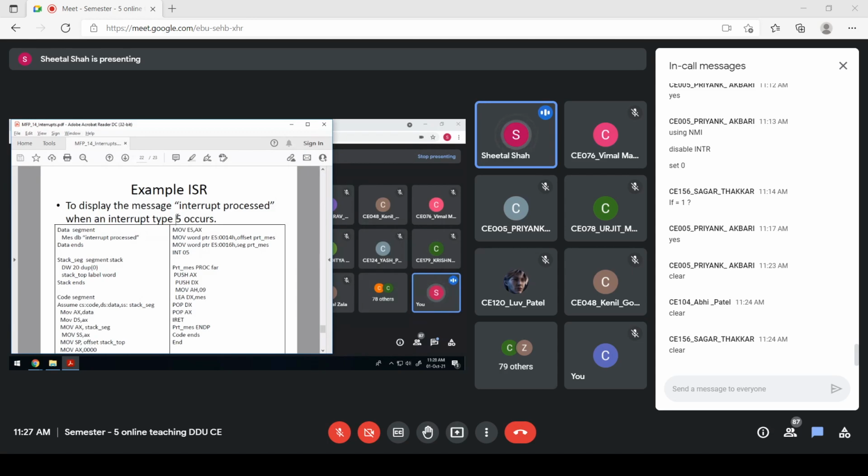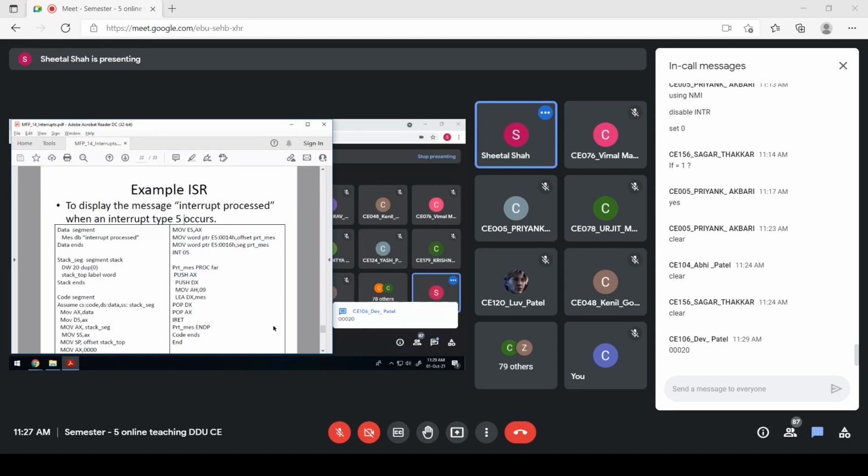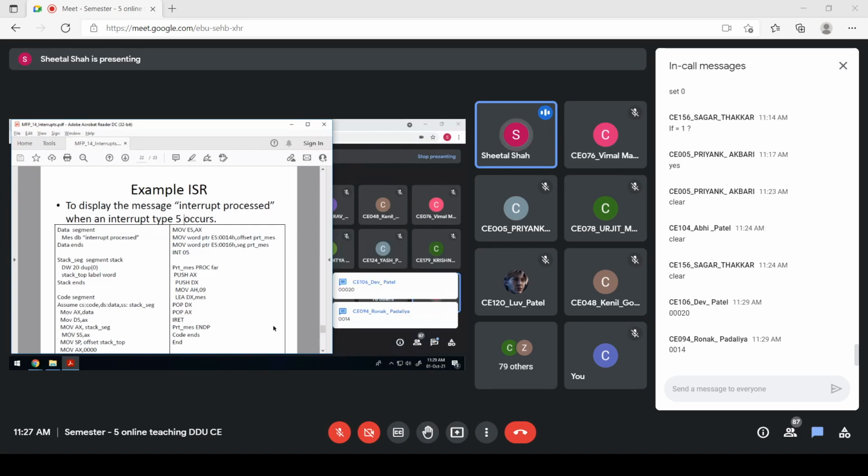Since this type number is 5, at what address will we have the segment value as well as the offset value? Five into 4 is 20. 20 is in decimal, and if we convert it into hex, it would be 14.